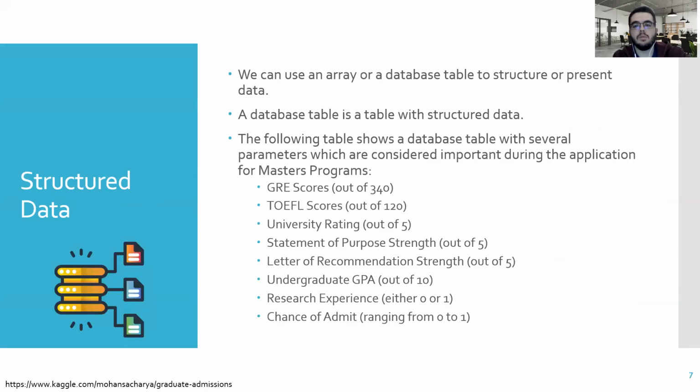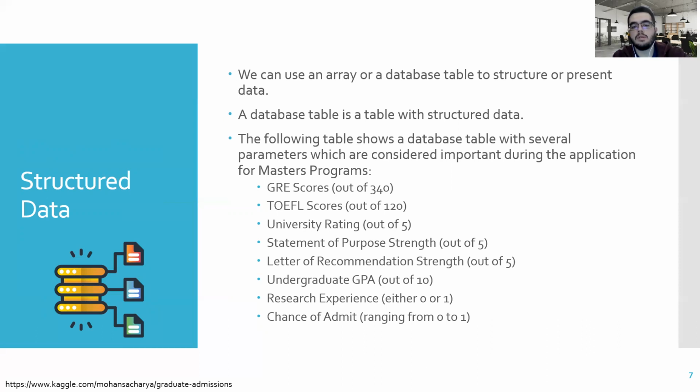What is structured data? What does it mean? For example, we can use an array or a database table to structure or present data in future. And a database table is basically a table inside the computer with the structured data. The following table we're going to consider as the example shows us a database table with several parameters which are considered important during the undergraduate students application for master programs.